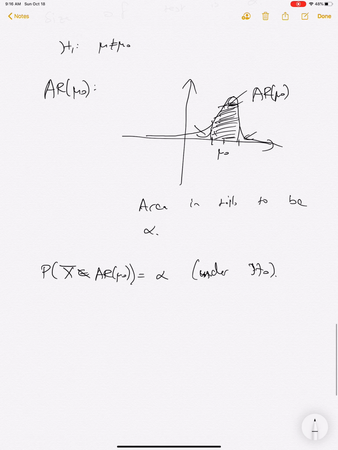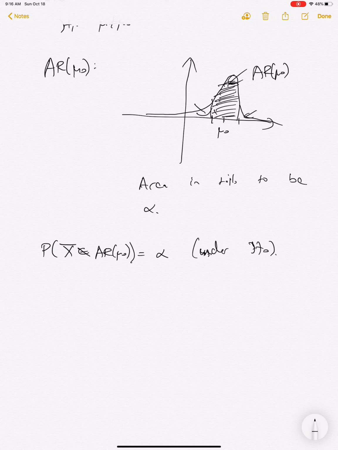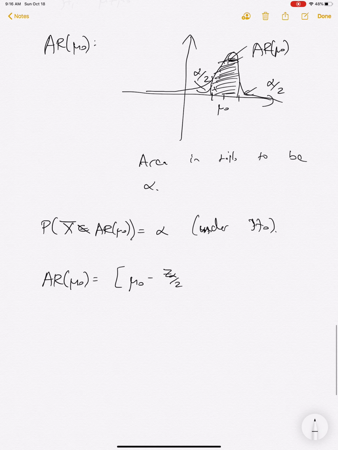So how do we calculate this? The acceptance region of mu naught is going to be mu naught minus z alpha over 2 times sigma over square root of n. You want this area to be alpha over 2 and this area to be alpha over 2 because you have a two-sided alternative here.